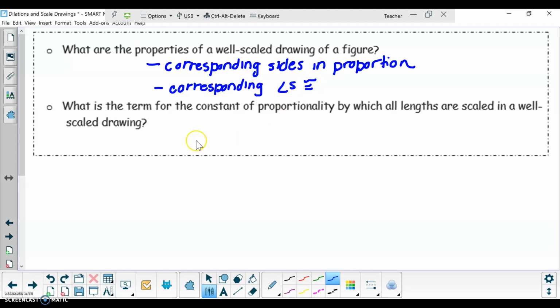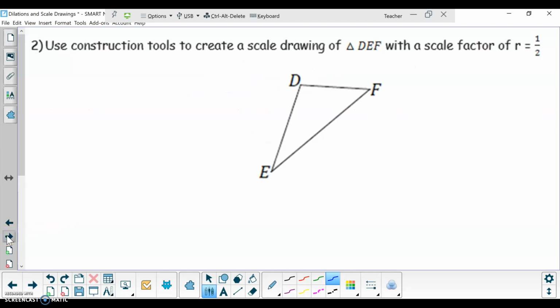What is the term for the constant of proportionality by which all lengths are scaled in a well-scaled drawing? That is what is called the scale factor, and it's represented by lowercase r.